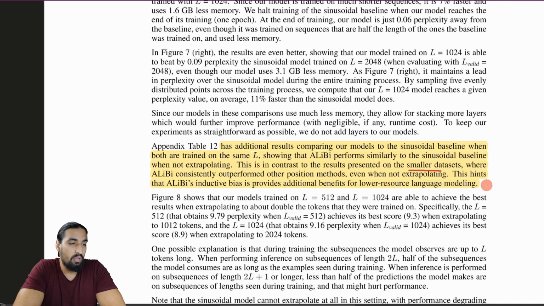This hints that ALiBi's inductive bias provides additional benefits for lower resource language modeling. So that's something I already mentioned, and I think it's fairly important to understand that this type of bias works best for a low data regime, and they show that across this paper.